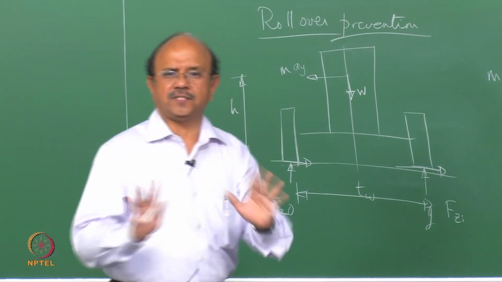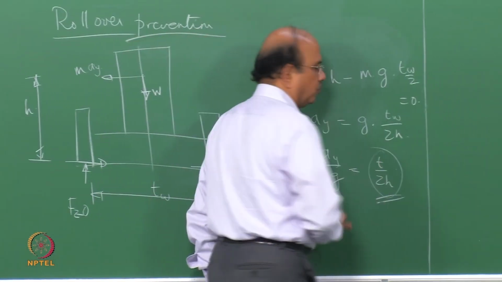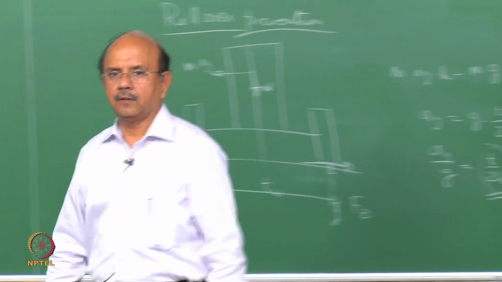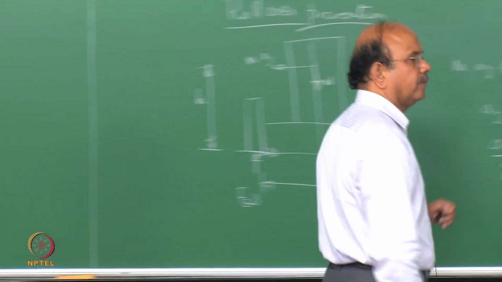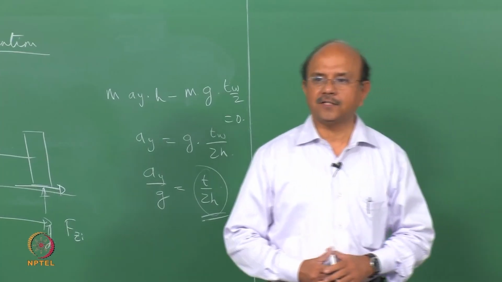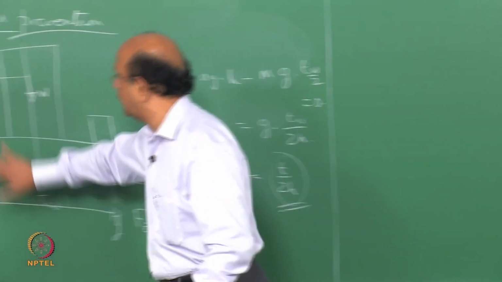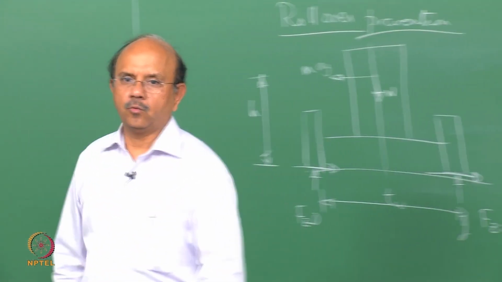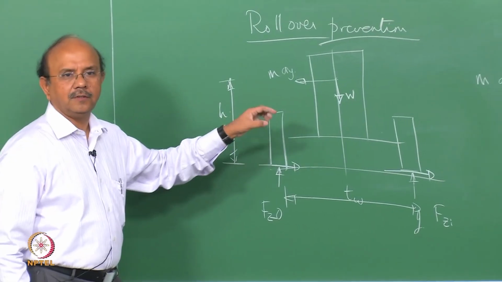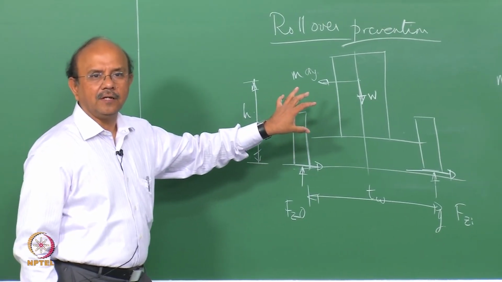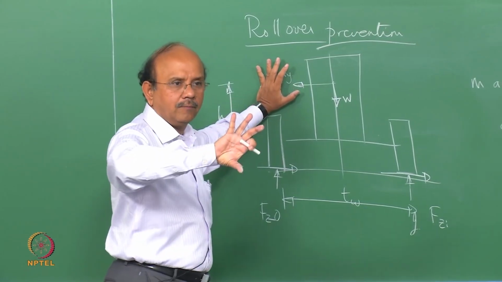So the very first equation that you look at is what is called the T by 2H ratio. There are two things that we left here. There are a number of factors which would now change T and H. What is the assumption that we have made? We have assumed that this whole thing is rigid. Not true. Actually, the vehicle body, what is called the sprung mass, is actually going to roll.